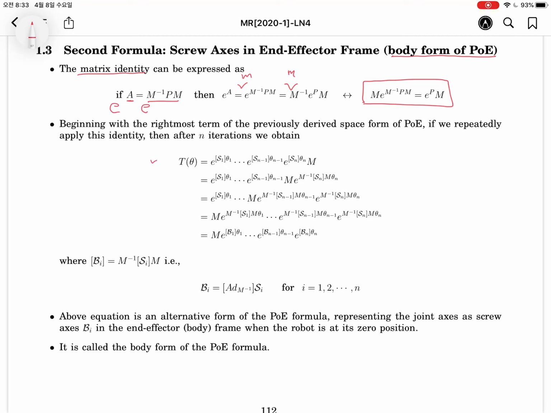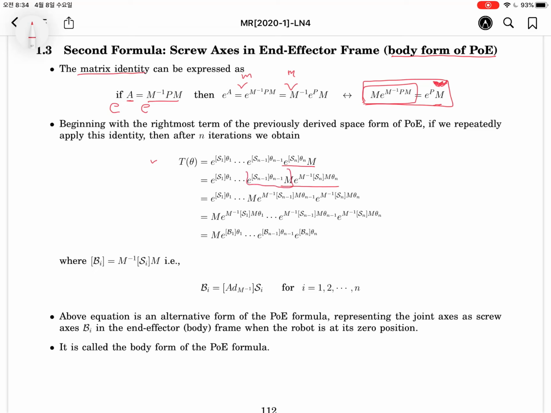Okay, for the kinematics form, in detail, it is the space form of POE. Okay, let's consider the last rightmost term here. It is corresponding to this matrix, is it right? So we can change this kind of form from here. So we have this matrix equation.